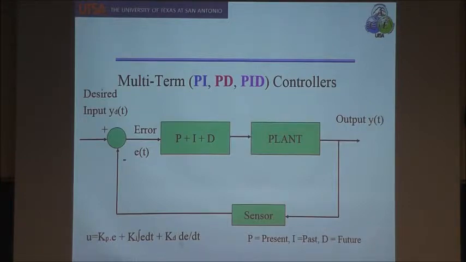And of course, you have the derivative. Derivative control, the D part, looks into the future because it looks at the slope of the error, the way it's going down or going up. If the slope is positive, it's trying to penalize it, bring it down, and make it go toward a zero value later on.